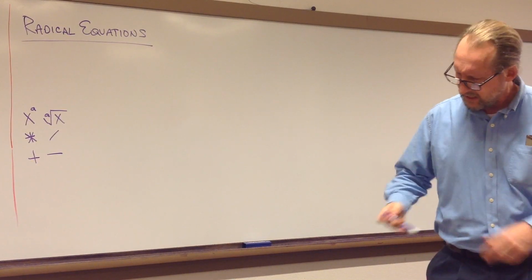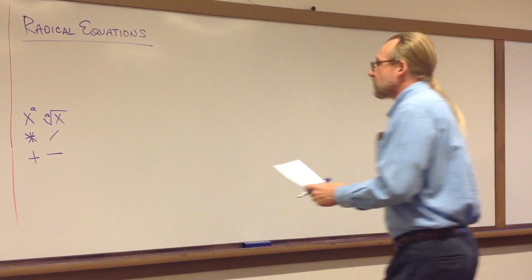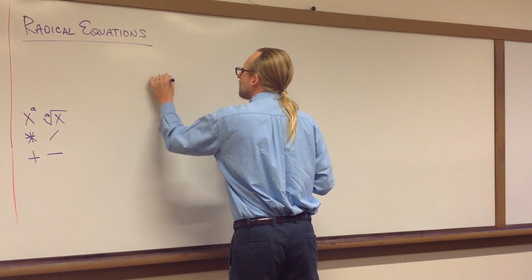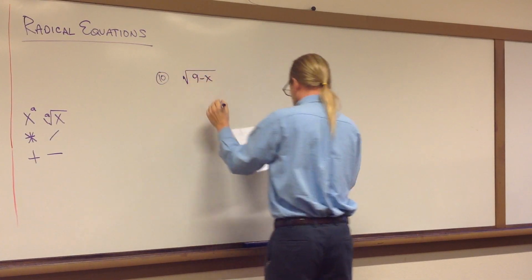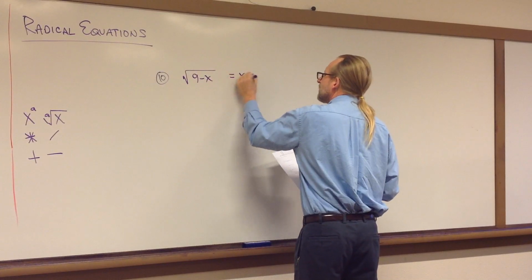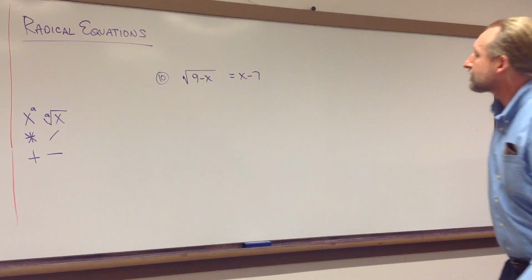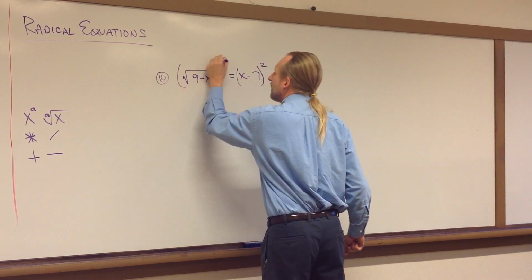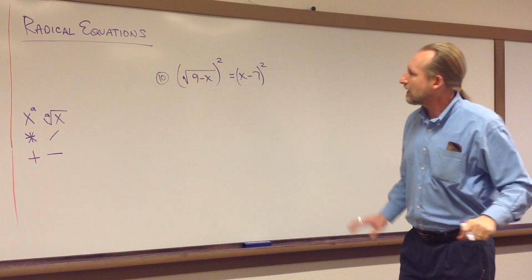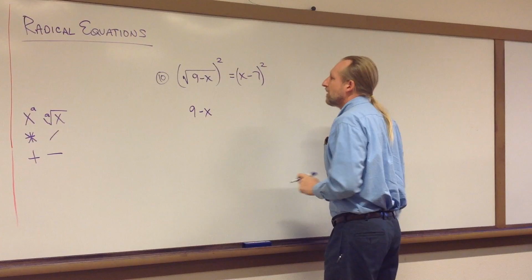So problems 10 and 12 are regular, straightforward radical equations. So in problem 10, we start out square root 9 minus x equals x minus 7. So this one is very much like problem 6. And what we need to do here is square both sides. That square root's by itself, so we can just square both sides. This one comes out just as 9 minus x.